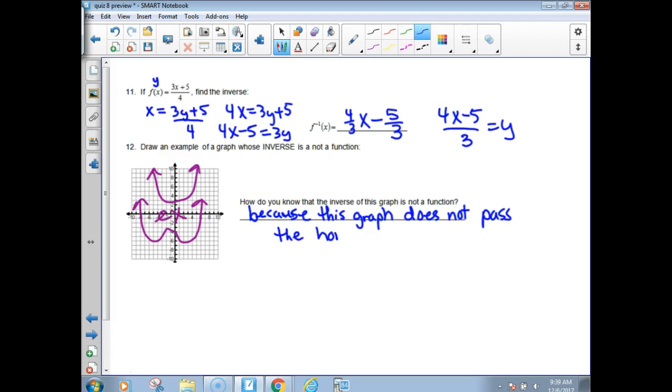That is one way to say it. Or because this function does not pass the horizontal line test. Okay, good enough. Now we're on 13.